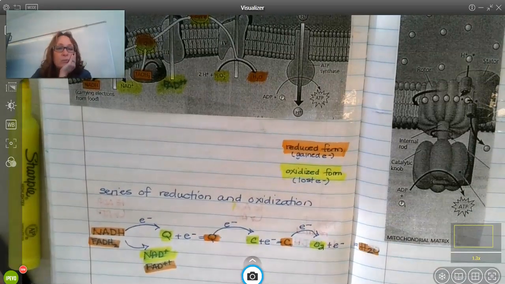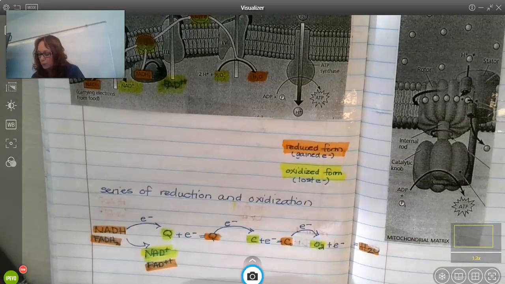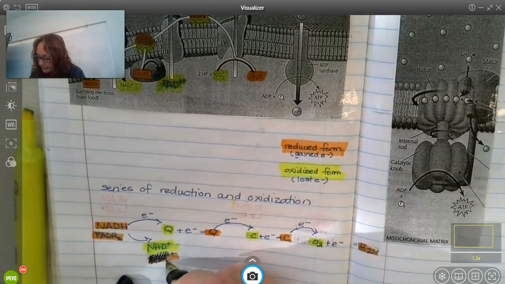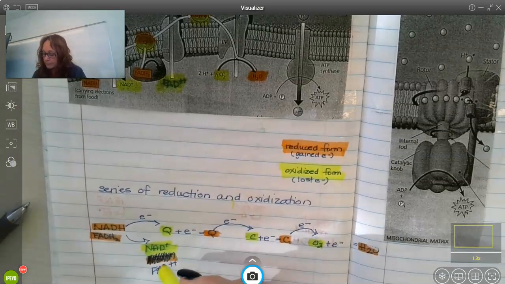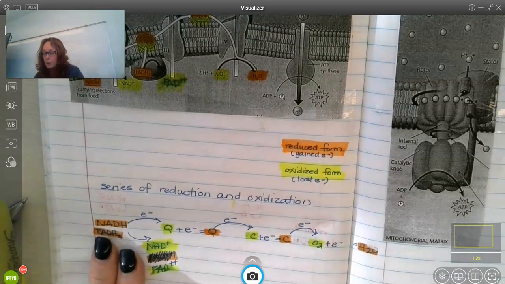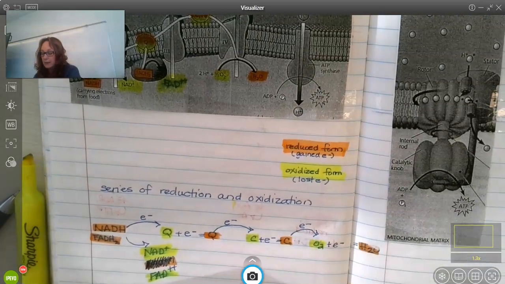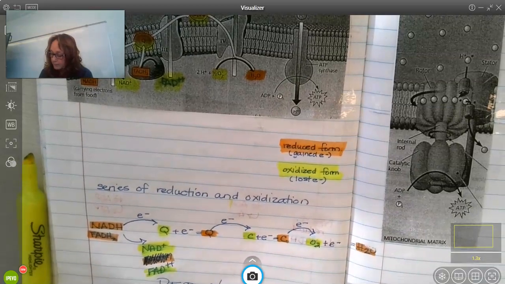I don't know if that made that better or if that made that worse. But I hope that what we get is the pattern of this series of redox.